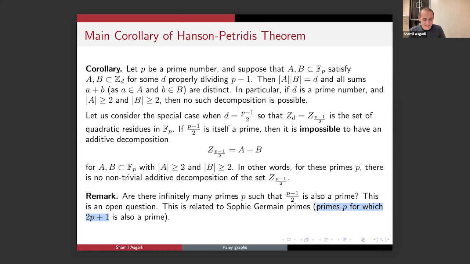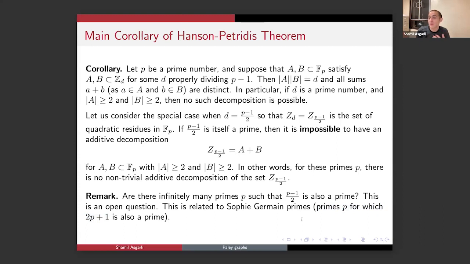Somebody who's more knowledgeable about analytic number theory can correct me. Maybe Kyle knows about this, but we might have some heuristics on the number of Sophie Germain primes up to x.